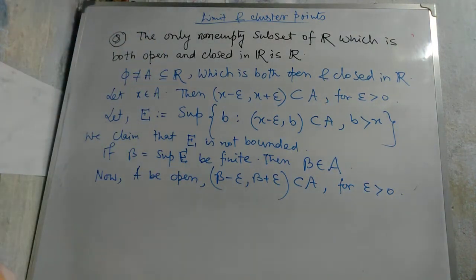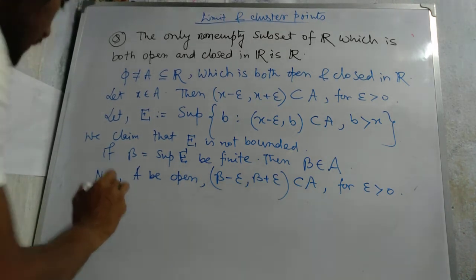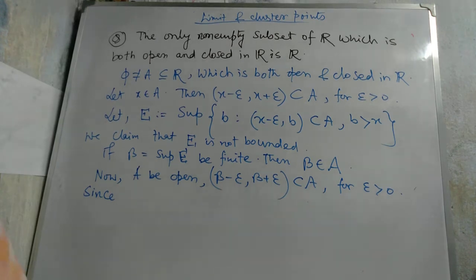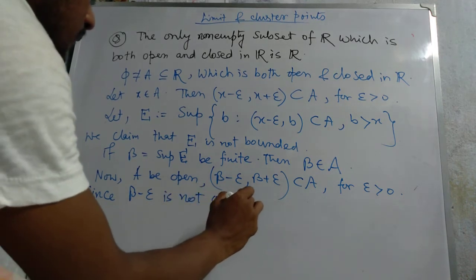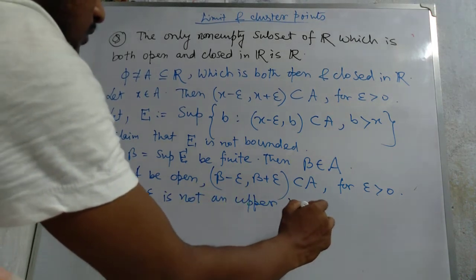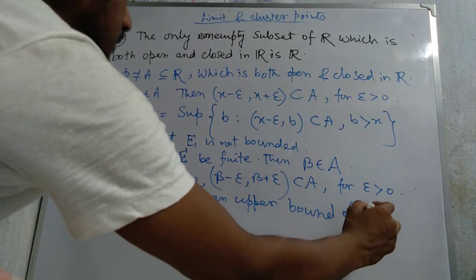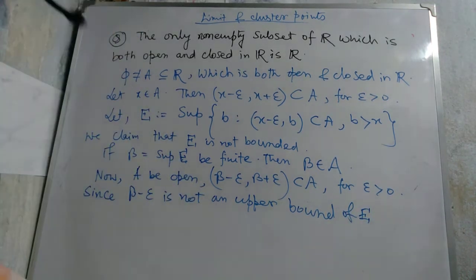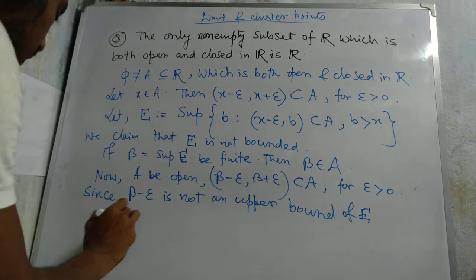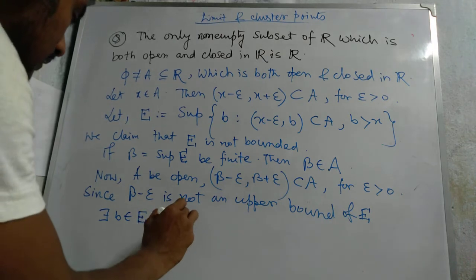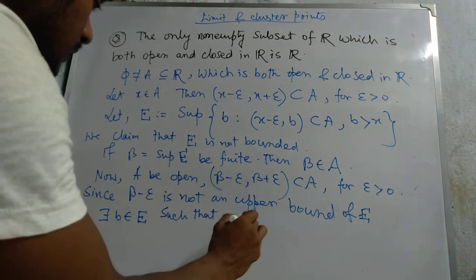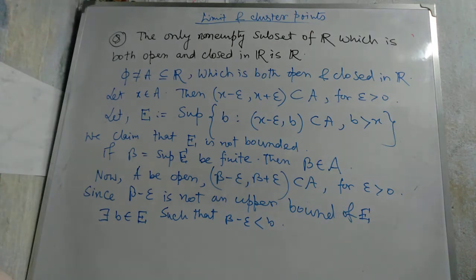Now since beta minus epsilon is not an upper bound of E, there exists v belongs to E such that beta minus epsilon less than v.